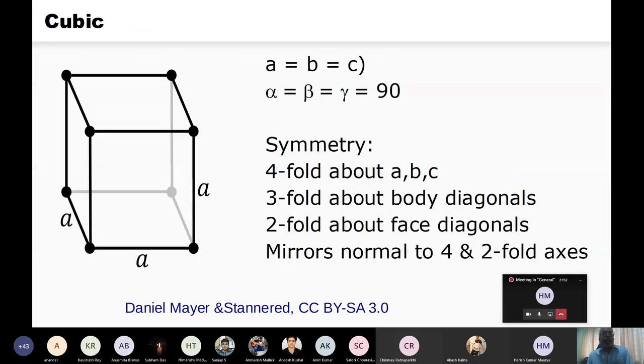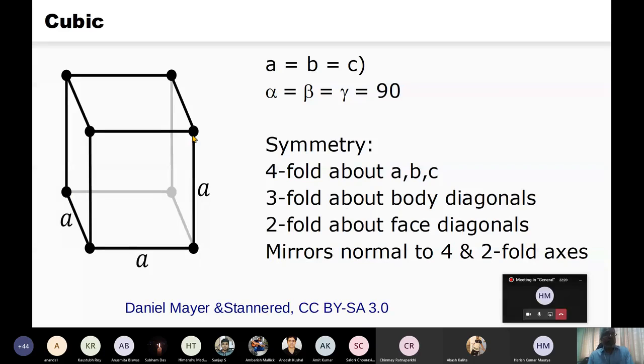All right, so now we have this cubic system. So we have fourfold about A, B, and C. And all of them are identical, which is why they are referred to using the same symbol A everywhere. And I don't know whether you see this or not, but this generates a threefold rotation about the body diagonals, starting from that corner to that corner.